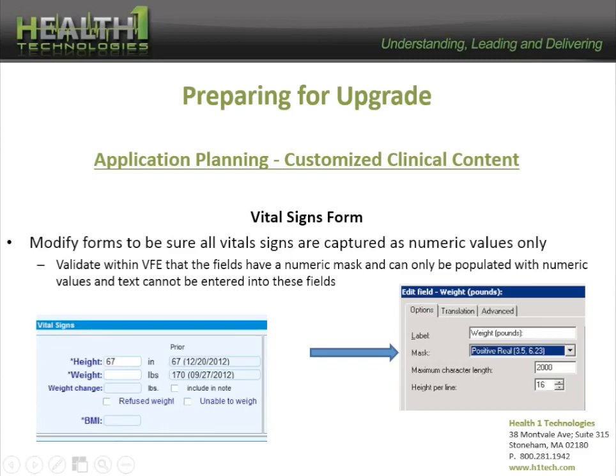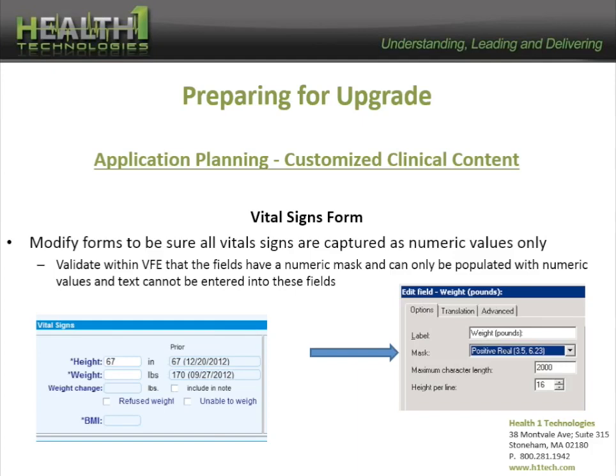So just some specific examples that I wanted to talk through. One is the vital signs forms. Anybody that has a customized vital signs form, it probably is in place for most of you that have customized forms already, but I thought it would be a good opportunity to remind everybody.